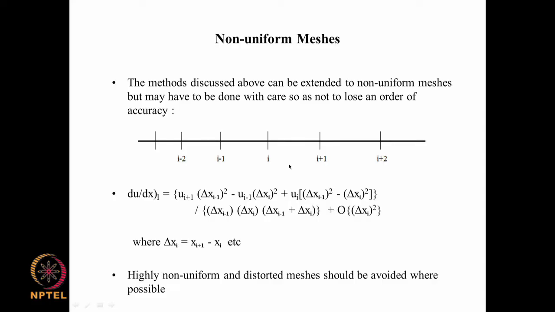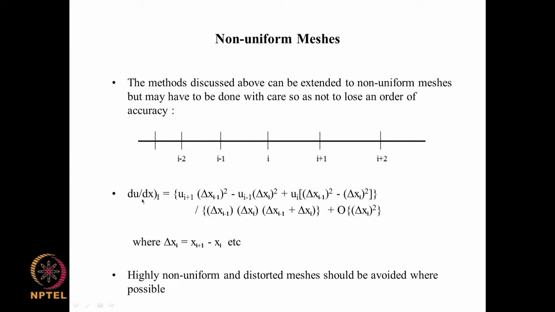So there is more algebra, more manipulation that is required, but essentially the same principle applies that we had used for the derivation of the central difference formula. Higher order accurate formulas, and slightly more complicated formulas, arise.